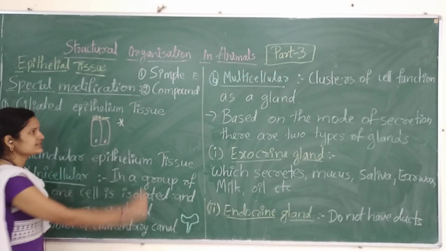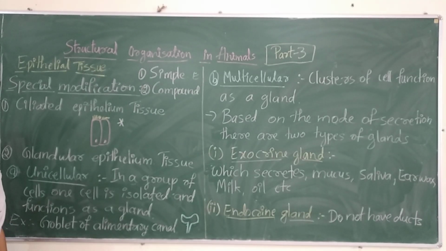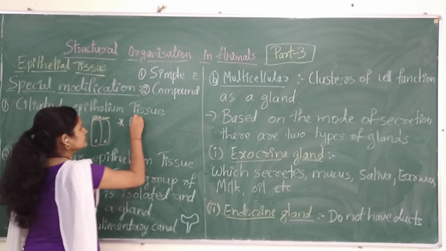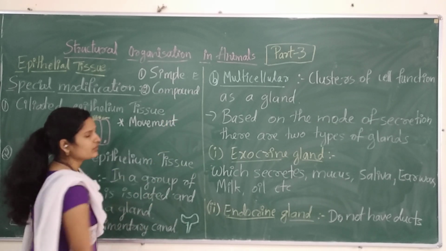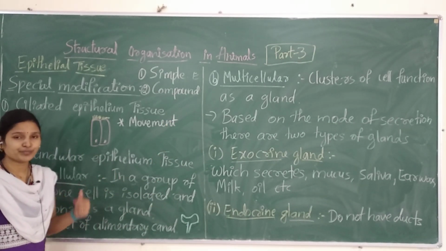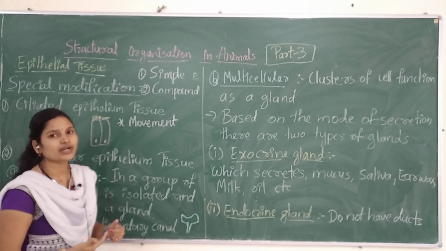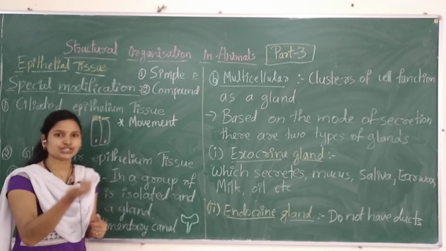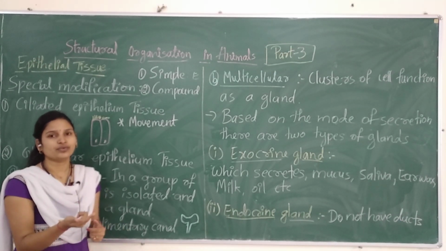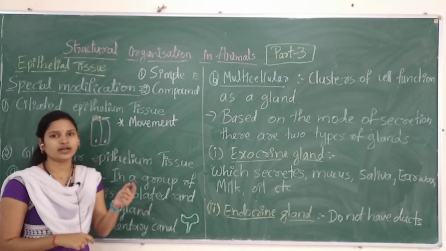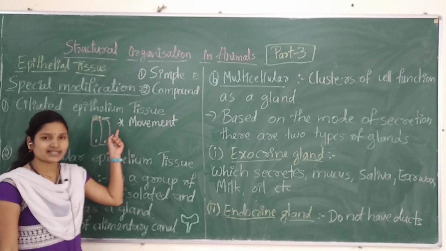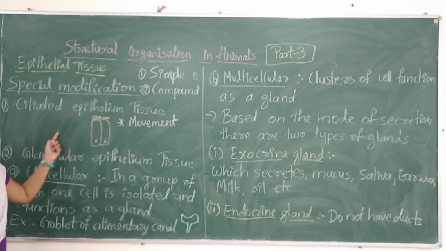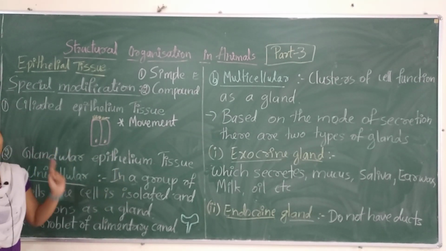What is the importance? I have given the example of mucus. When the mucus is secreted, it needs to be expelled from inside of the body to the outside. So for the movement there should be the presence of these ciliated epithelial tissues.